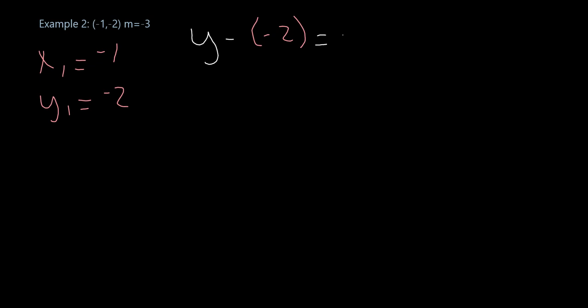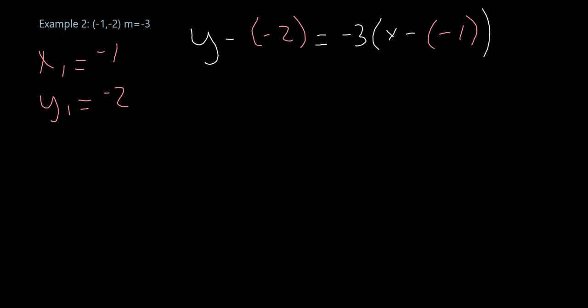Our second example has a point at (-1, -2) and a slope of -3. Let's go ahead and label our x sub 1 value of -1 and our y sub 1 value of -2. Our formula is y minus y sub 1, which is -2, equals m of -3, times x minus our x sub 1 value of -1.